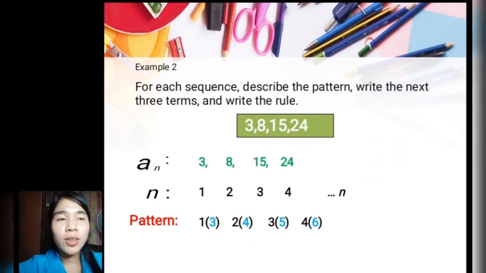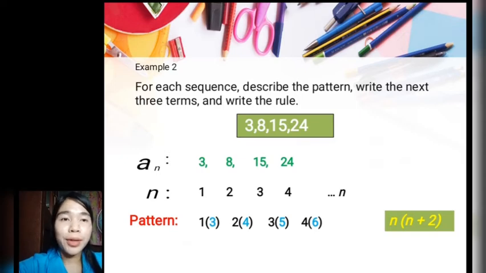So for us to get the pattern of the nth term of the sequence, they just add 2 to the number of terms, then multiply it by itself. So for example, we have here 1 times 3, 2 times 4, 3 times 5, 4 times 6. So the pattern here will be n times n plus 2.